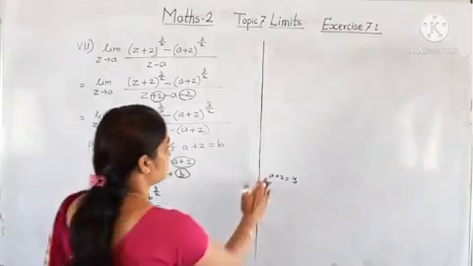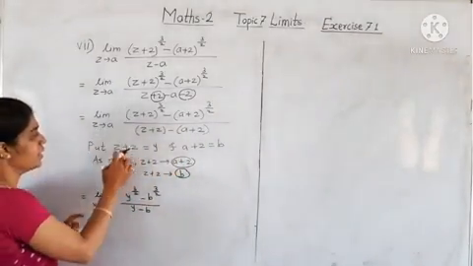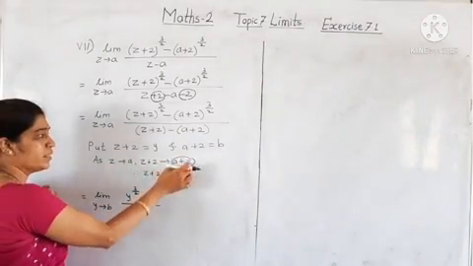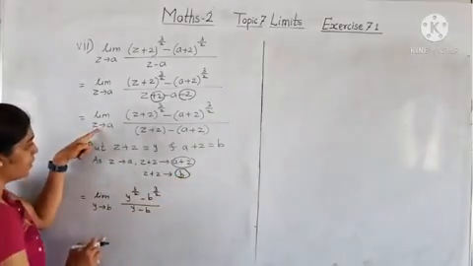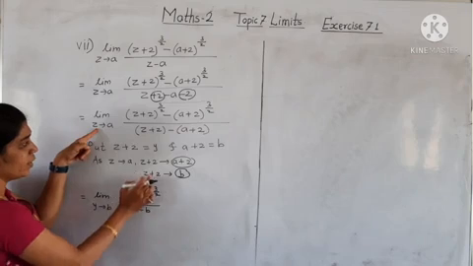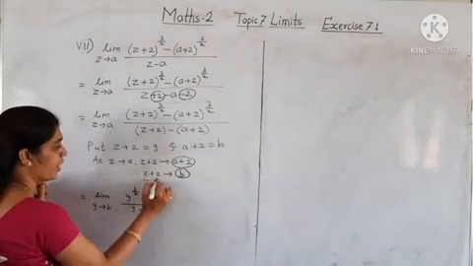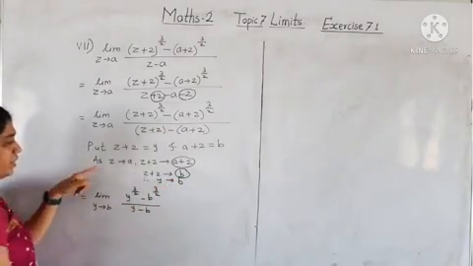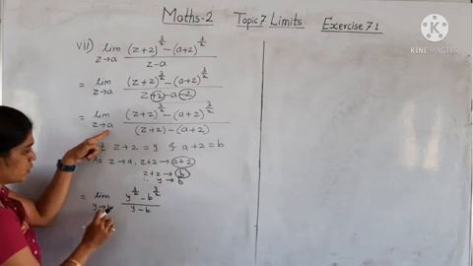So as z tends to a, y tends to b. So here limit z tends to a becomes y tends to b.